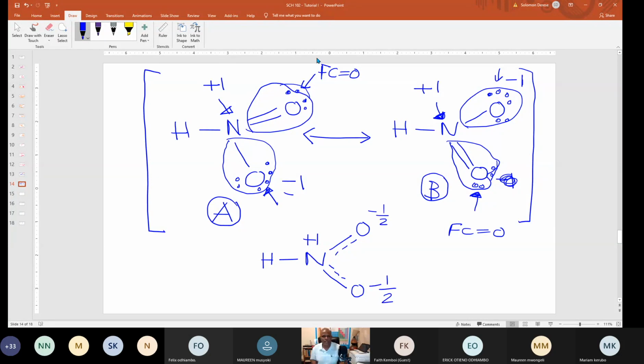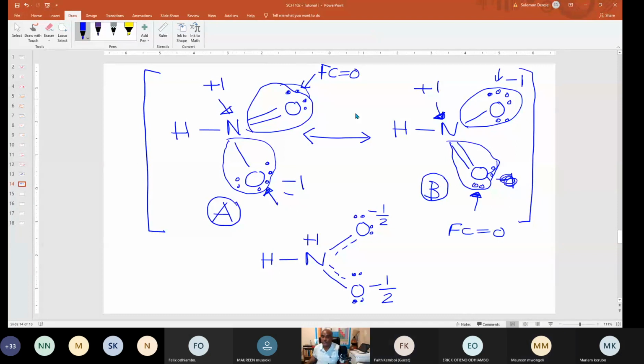You can go further ahead and put 2 lone pairs of electrons on each of the oxygens. If you look at this oxygen, it has got 2 lone pairs of electrons. This one has got 2, these 2 plus an additional 1. Having 2 lone pairs of electrons is given in both oxygens. So you can put that one and then -½. Because of this, the additional 2 electrons are shared equally between the 2 oxygens. Is it okay?